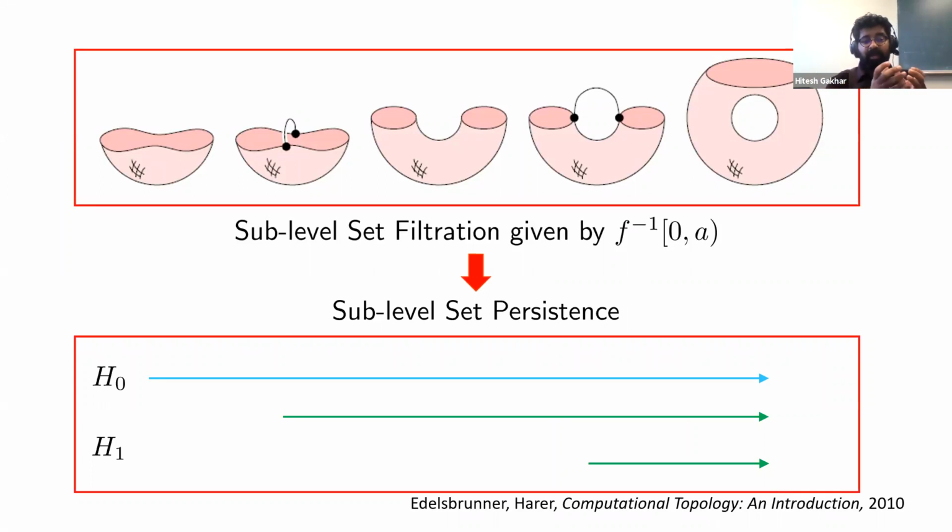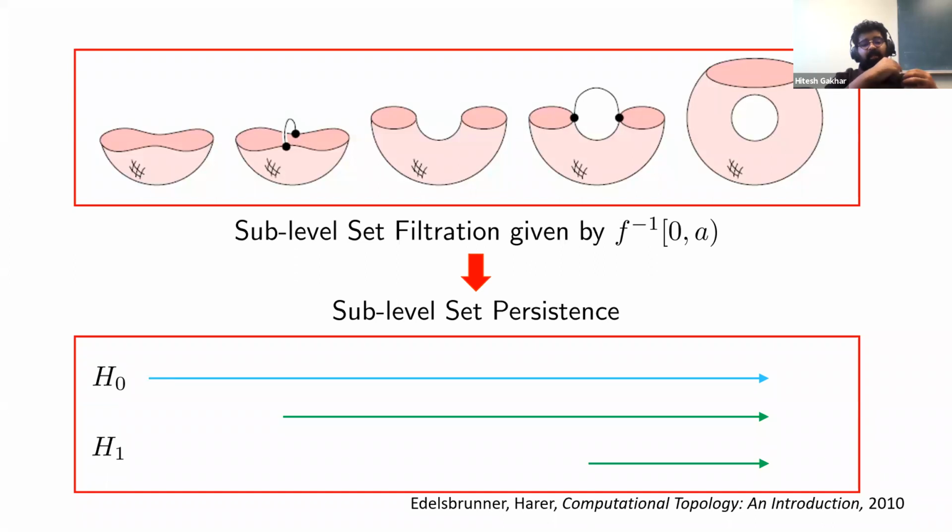You start with a point, and it eventually becomes a ball which is still topologically the same, and at some point, when you hit this point, you get something equivalent to this, for lack of a better word, basket.